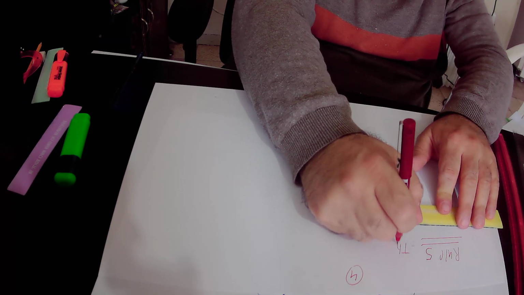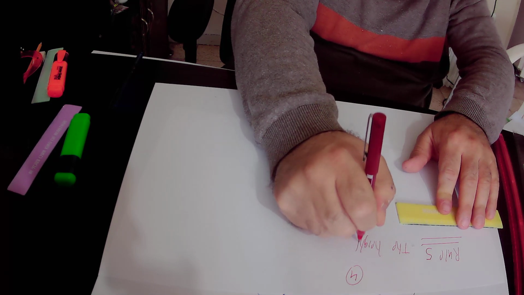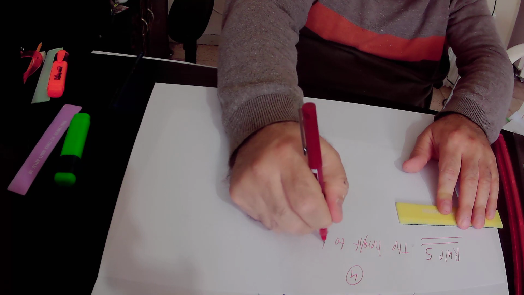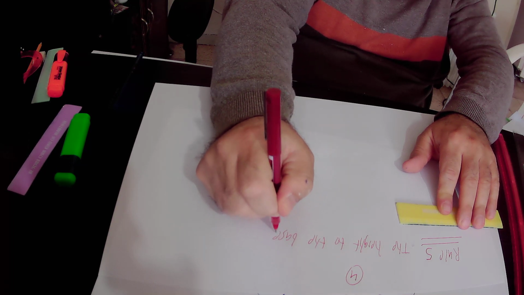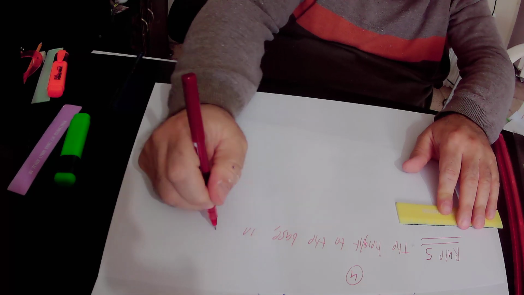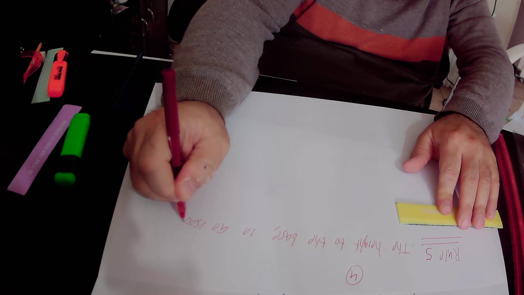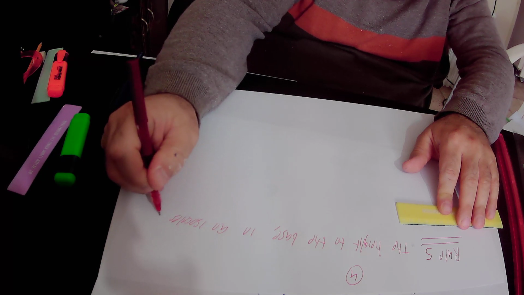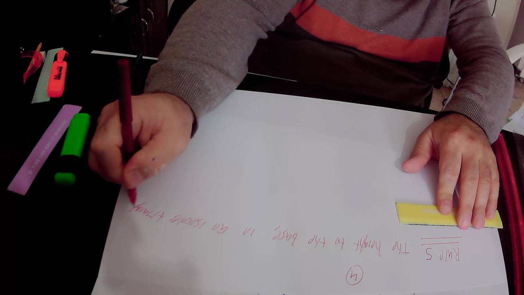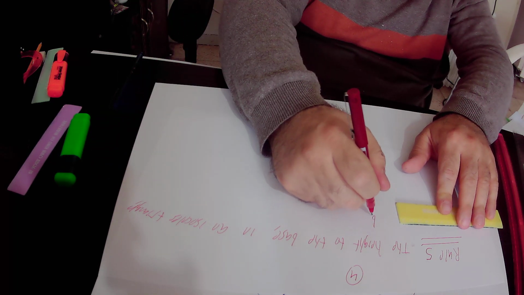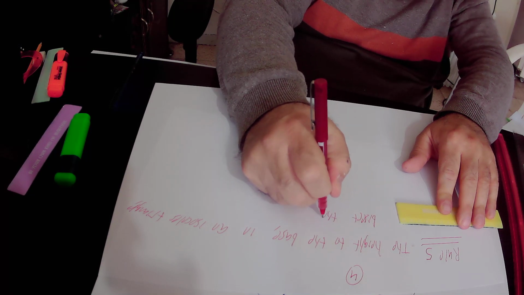The height to the base in an isosceles triangle bisects the base.